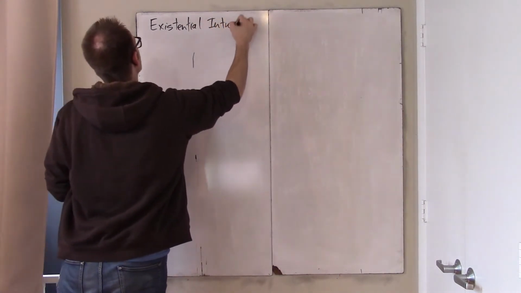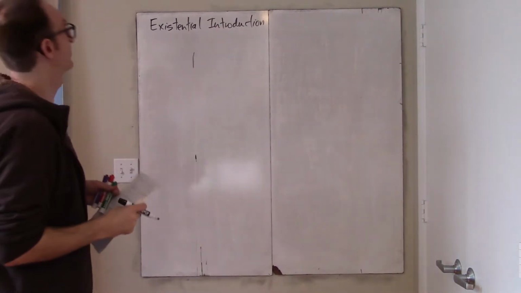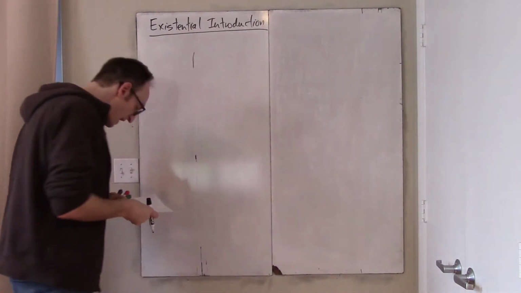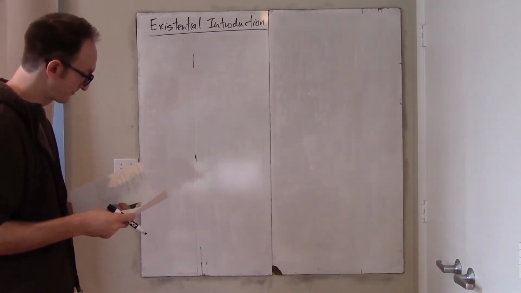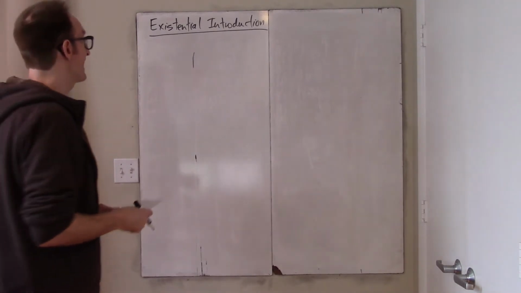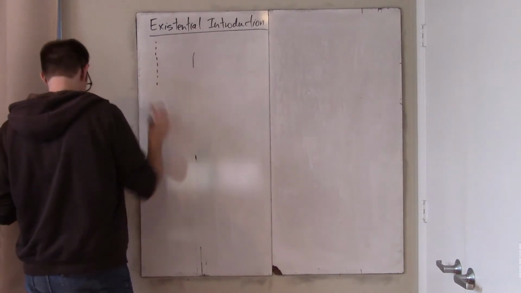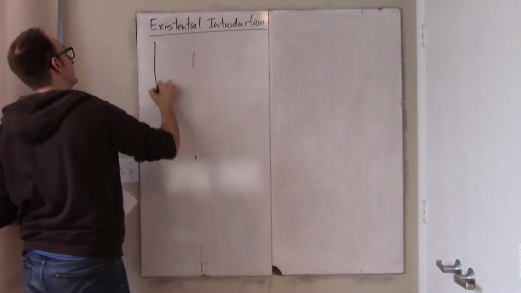Okay, Existential Introduction. And, well, this one is pretty straightforward, I think. Here's what it says. It says, hey, suppose you're chilling along in the middle of a Fitch-style proof.